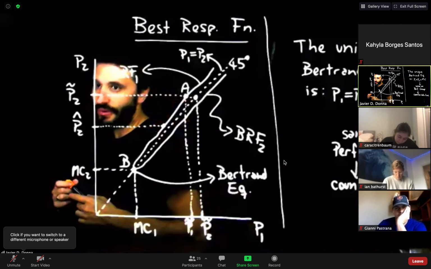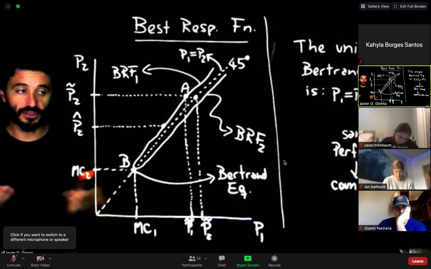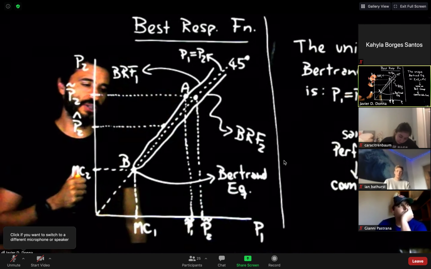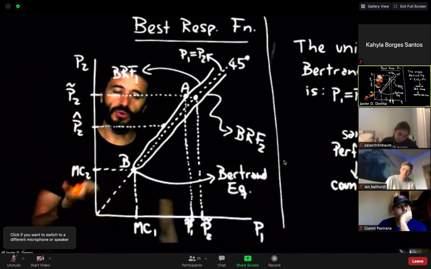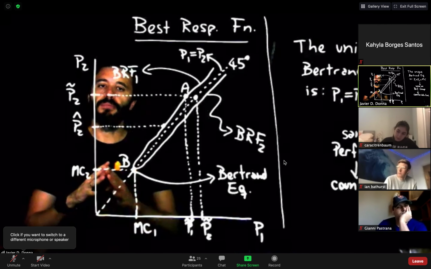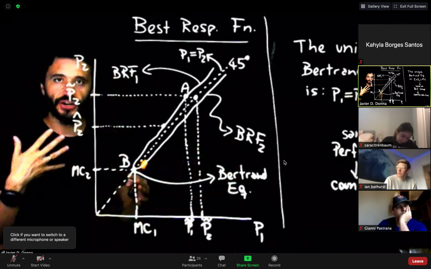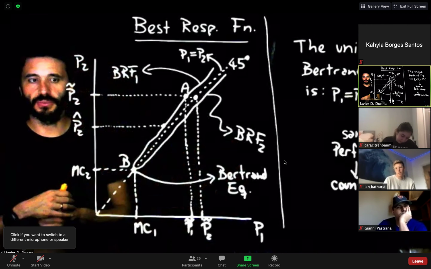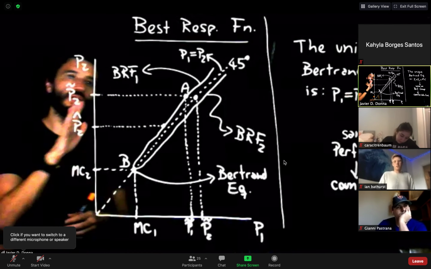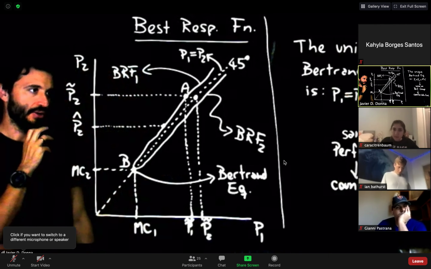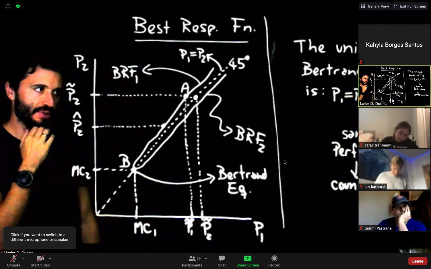Because perfect competition is obviously efficient, and the outcome of the Bertrand model is going to be efficient. But in perfect competition, the way we rationalize it is that we have either a very large number of firms, or a lot of competition, or the potential threat of entry by a large number of firms. Here we don't have anything of that. We have just two firms and there's no entry. Nevertheless, we obtain the same equilibrium.